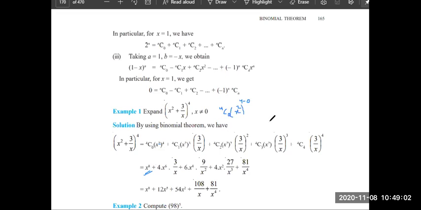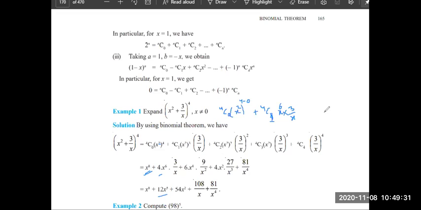Got it? First term. Second term, 4c1, x squared to the power 3, so x to the power 6. I'll just write it directly. And 3 by x to the power 1, so I'll just write 3 by x directly. I hope all of you can write it down. So 4c1 is 4, x^6, 3 by x, so we'll get x to the power 5.